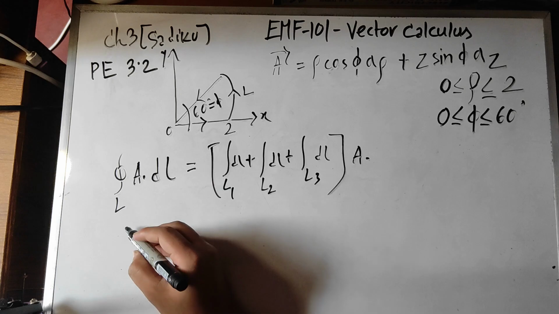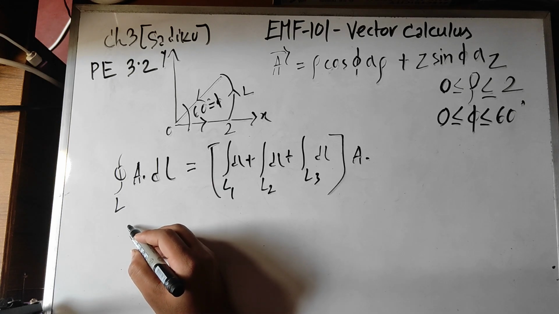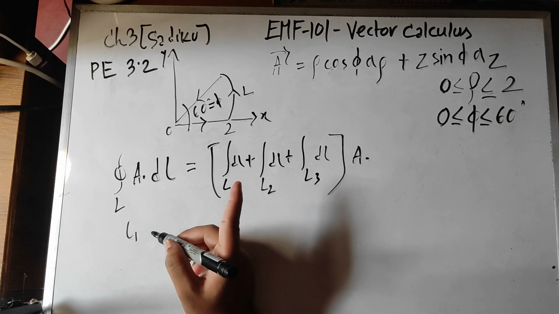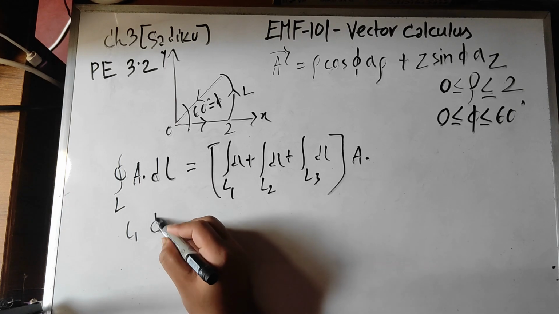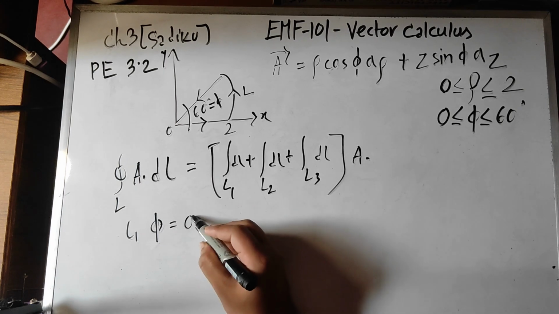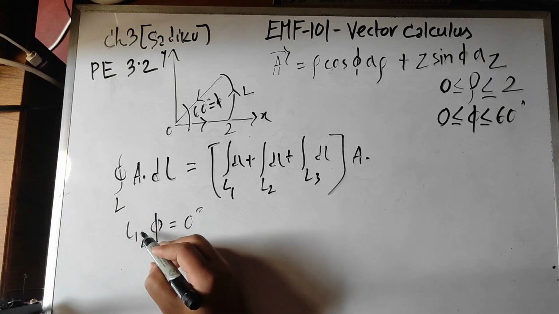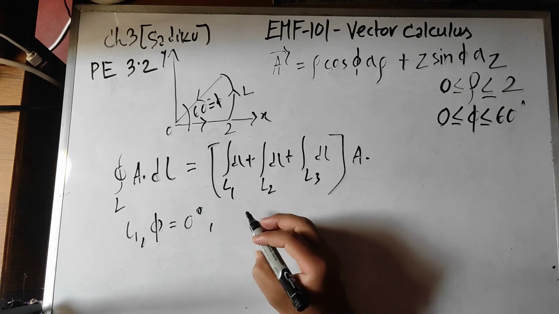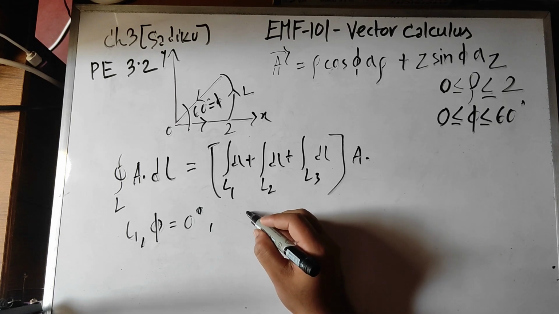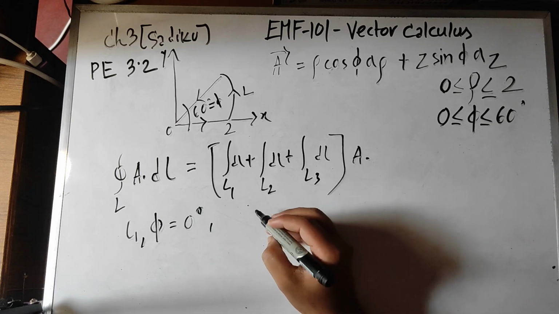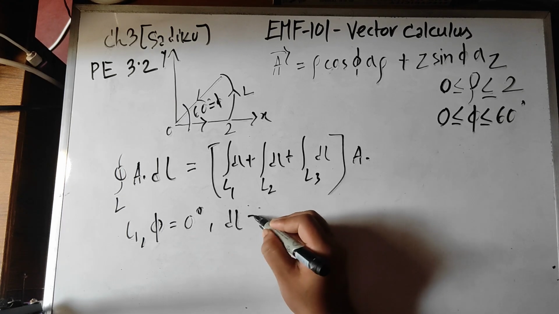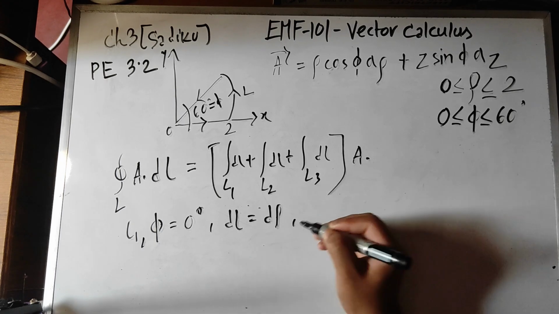For the first integral, L1, only rho is changing and phi is 0 degrees. Phi is 0 degrees for the L1 path, and the differential length is d rho.